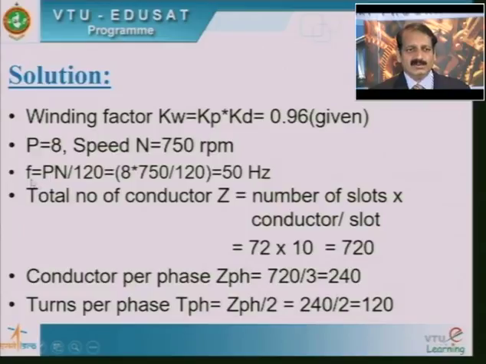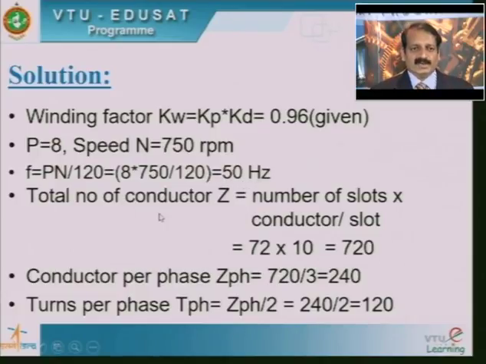We can calculate the frequency of the induced EMF when we know poles and speed. It is given by P into N divided by 120. Substituting the values, we get 8 into 750 divided by 120, which is equal to 50 hertz.